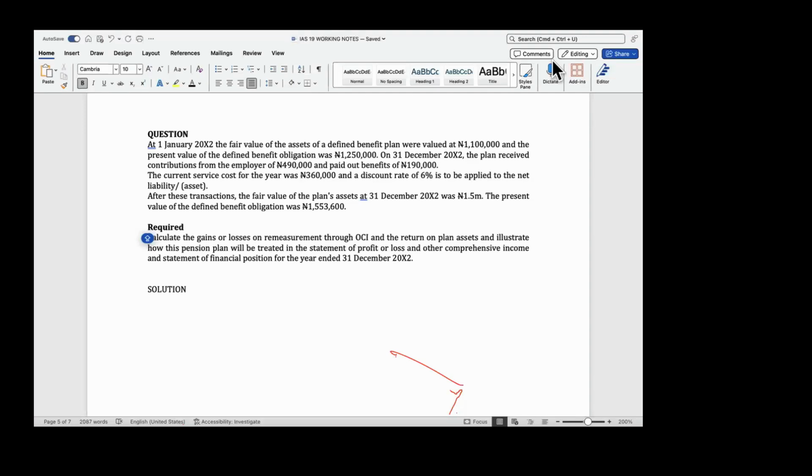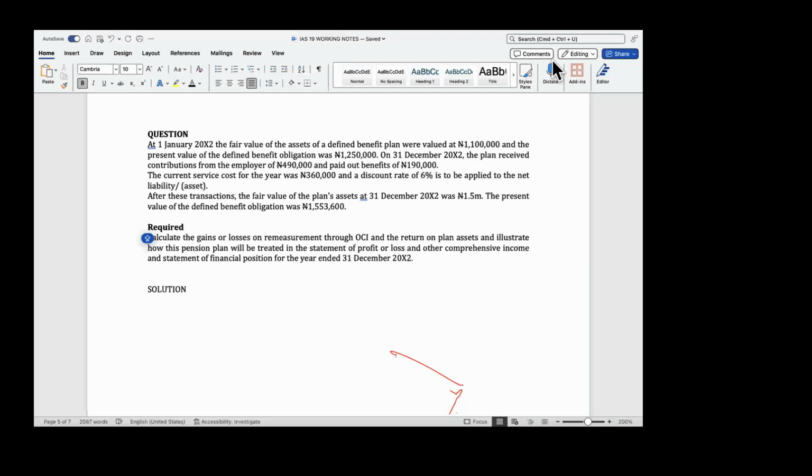On 31st December 20X2, the plan received contribution from the employers of 490,000 and paid out benefit of 190,000. The current service cost for the year was 360,000, and a discount rate of 6% is to be applied to the net liability or asset.